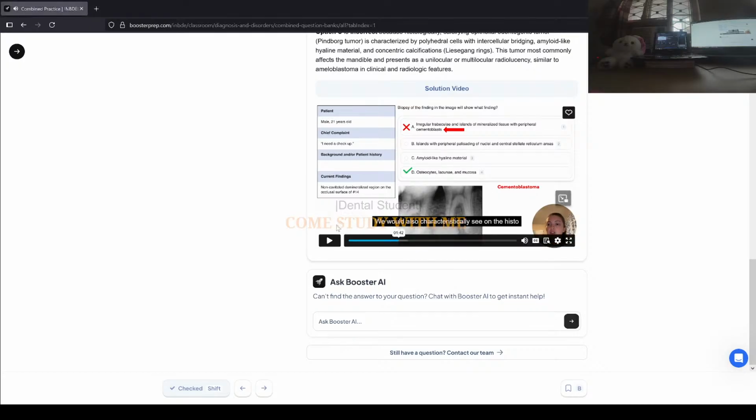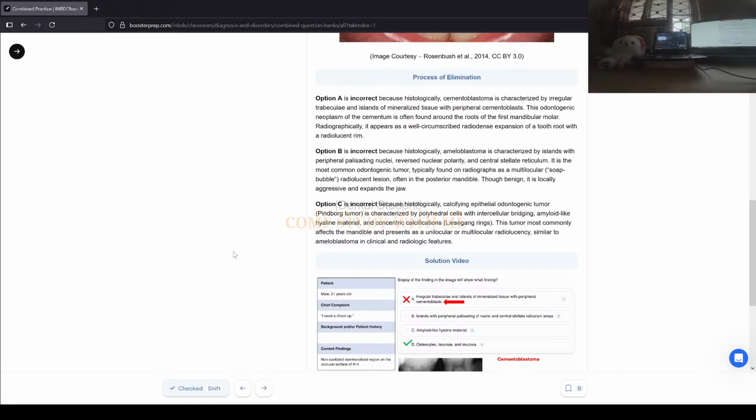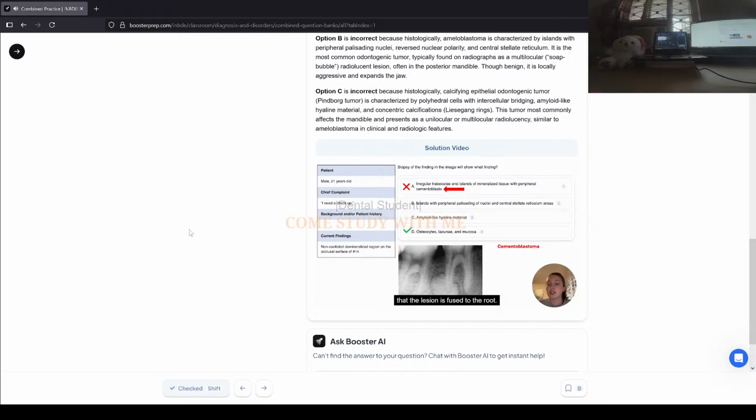We would also characterize, see on the histo that the lesion is fused to the root.